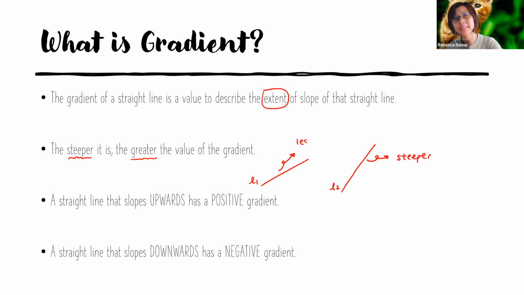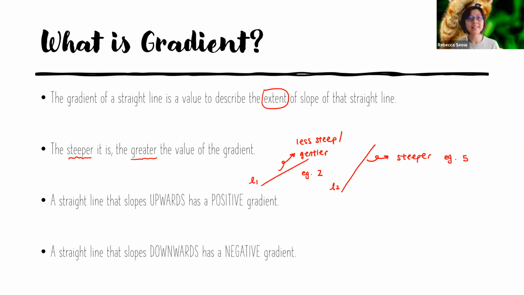L1 would be described as less steep compared to L2, or you can say it is gentler. In terms of the gradient, L2 would have a value of the gradient that is bigger than L1. So for example, the value of a gradient could be, say, 5. And an example of the gradient of L1 being more gentle could be something like 2.